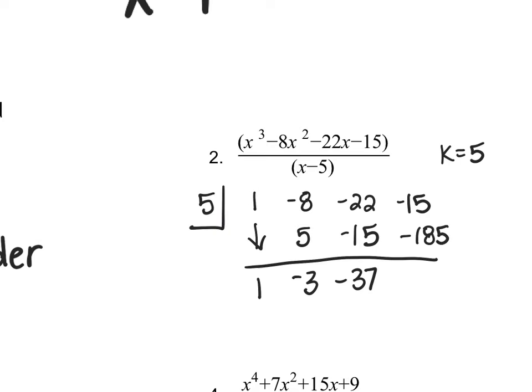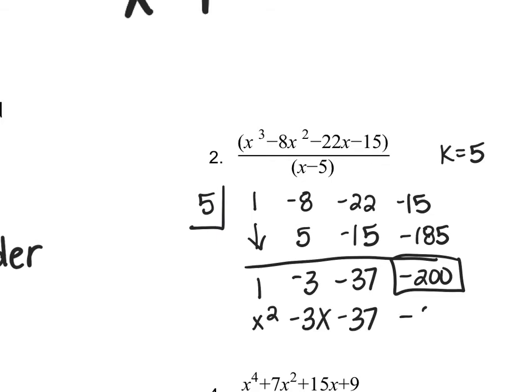And then we're going to add that together, and you should get -200 is your remainder. All right, so when we put this all together, we started with x cubed, so this is going to be x squared minus 3x minus 37 minus 200 over the divisor, which is x minus 5.